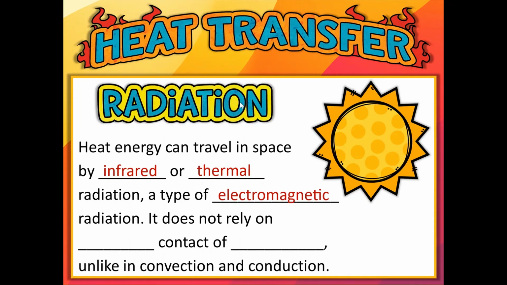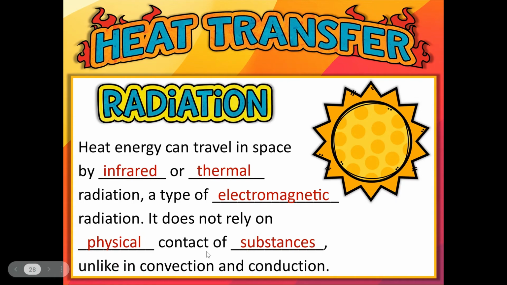The reason why we're just going to briefly cover radiation is because we haven't learned anything about the electromagnetic spectrum yet. And we will later on, but not right now. Just know that radiation is basically the transfer of heat from one place to another, and it doesn't rely on physical contact. It doesn't require direct contact between things.